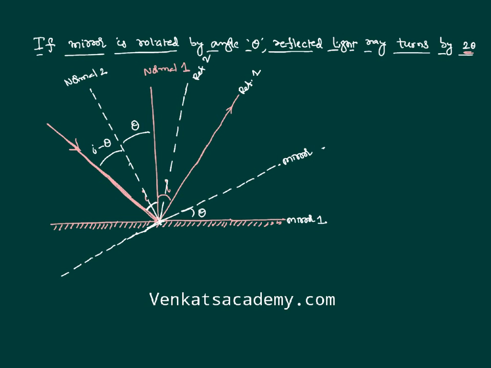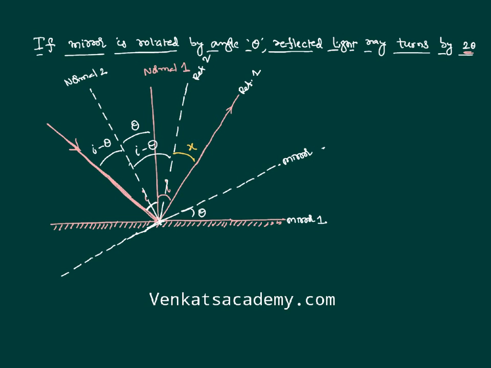It is reflected in such a way that with the new normal, the reflected light ray also makes an angle equal to I minus theta. Now I would like to know by how much this reflected light ray is turned. I am interested in calculating this angle x.